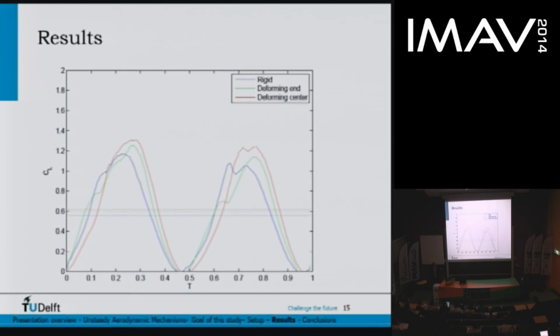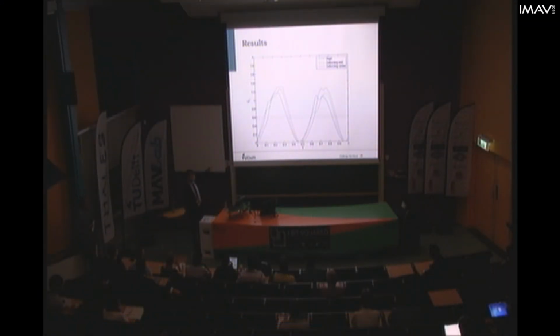No, as a matter of fact, the reason this is not symmetric is because I already used the symmetry plane. This is a simulation with the symmetry plane at 0.5 chord length. So in fact, the reason this is not symmetric is because the clap and fling effect is already present, even for this case.